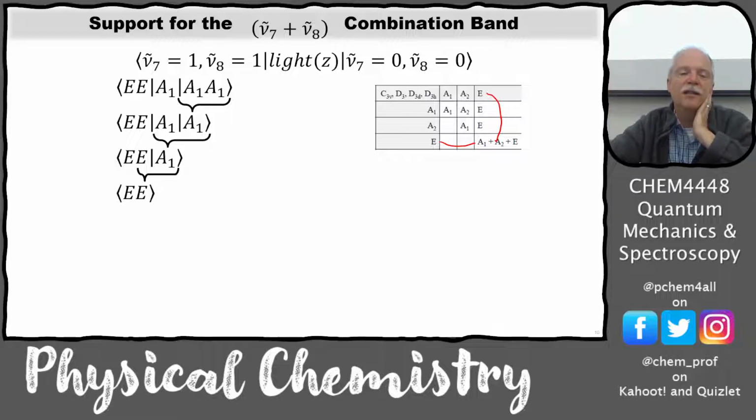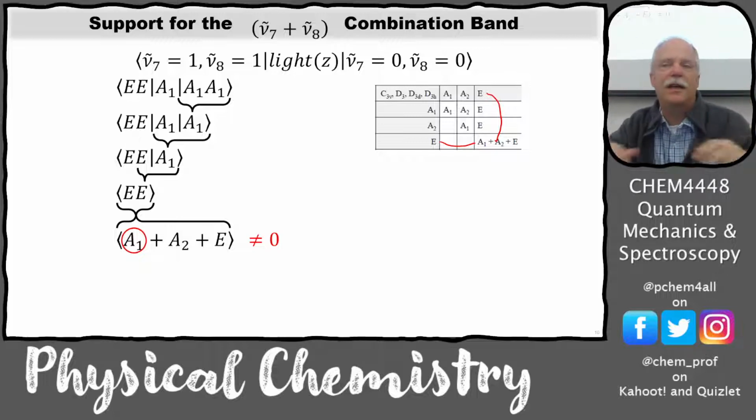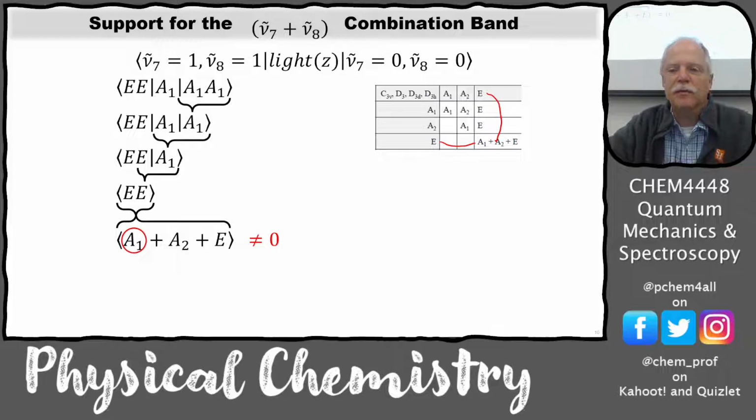This one is not. It doesn't have an inversion center, so we don't have the G's and the U's. So E times E gives us this full combination of A1 plus A2 plus E, which contains the top row, meaning this one is allowed. So that integral is not equal to 0, meaning it'll have some intensity that allows this spectral peak to show up in the infrared. So this combination is supported.